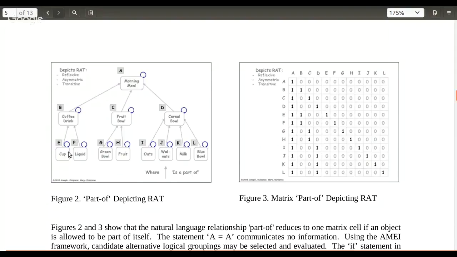We have many more components in the morning meal, so it's multi-threaded. It's composed of all these other things. But we also see that a cup is not part of the cereal bowl, and fruit is not part of the coffee drink, so it's not global, right? It's local. There are local relationships here that are important distinctions.